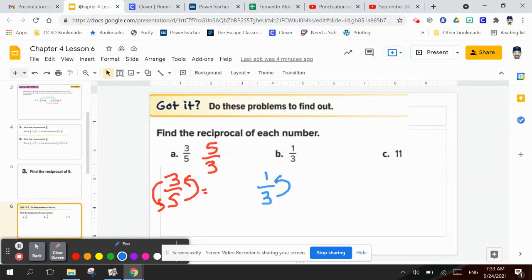Again, when I flip my fraction, my 3 is now my numerator, my 1 is now my denominator. Or you can simply write 3. And 11 as a fraction is 11/1. Again, I flip my fraction, where 1 is now my numerator and 11 is now my denominator.